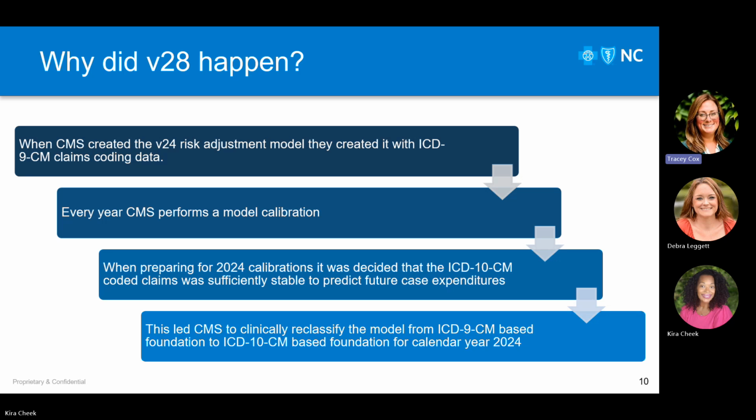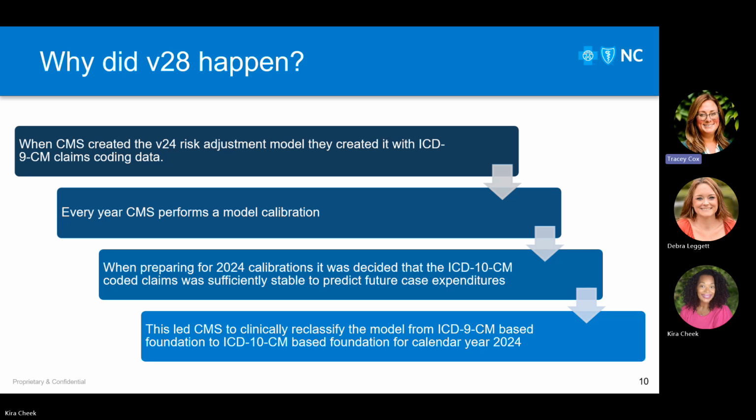Every year, the Centers for Medicare and Medicaid Services, otherwise known as CMS, perform a model calibration based upon updated diagnostic and expenditure data. This allows for changes to the model to ensure reimbursement keeps pace with the industry. You can find a complete list of those changes published on the CMS website.